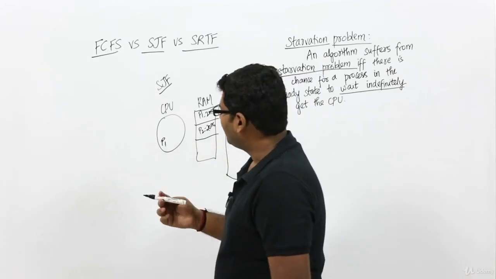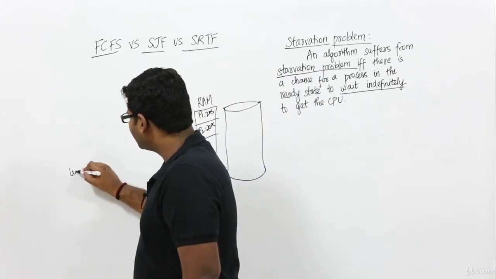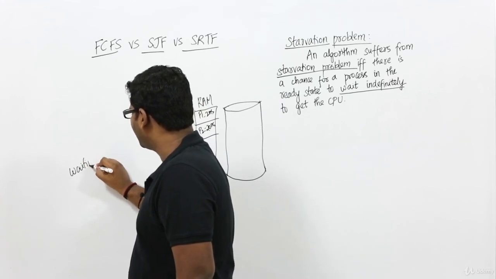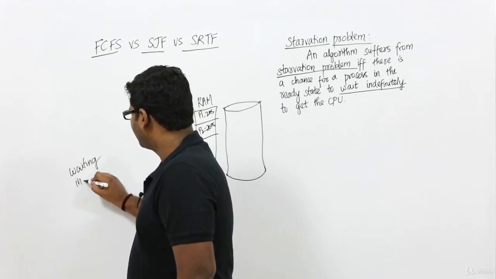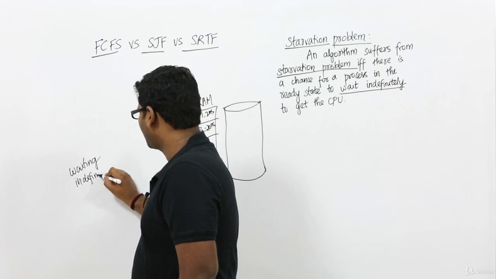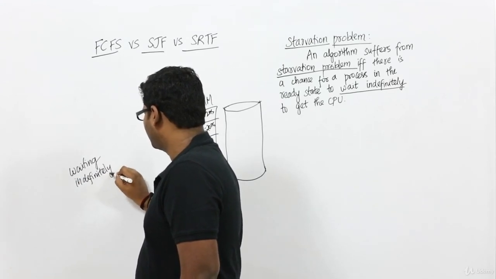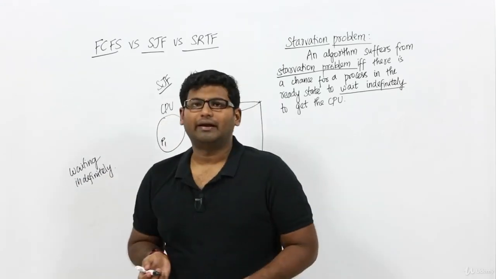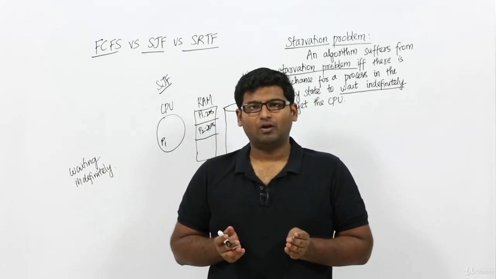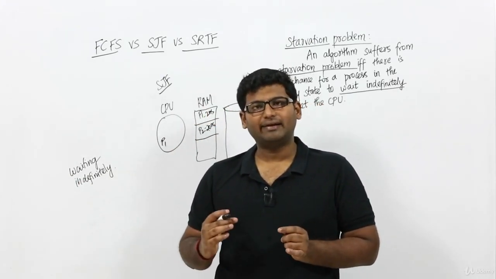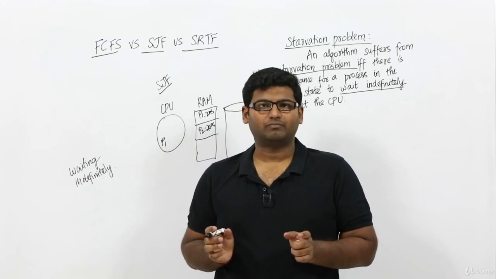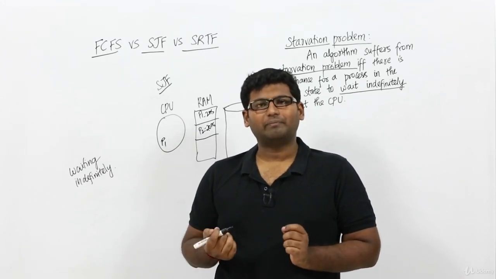Or is there a chance for process P2 to starve? Before seeing that, we need to first understand what is meant by waiting indefinitely. Let us assume I am a person who is waiting indefinitely for an event to happen. What does it mean?